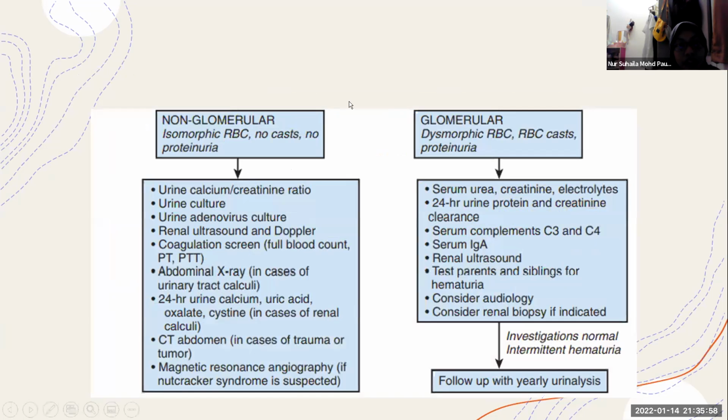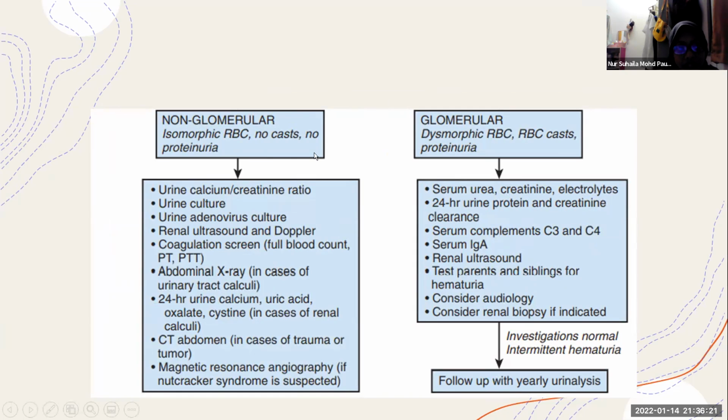Next, after that, we need to establish whether the hematuria is glomerular or non-glomerular, which we can differentiate by UFEME. In non-glomerular causes, the RBC is isomorphic. Meanwhile, in glomerular causes, the RBC is dysmorphic.